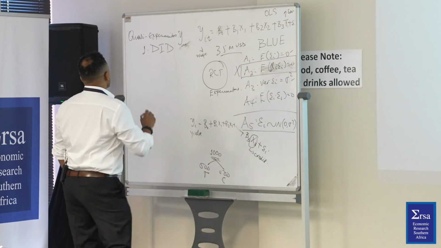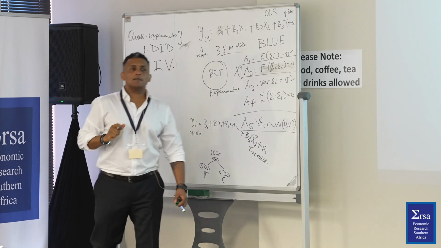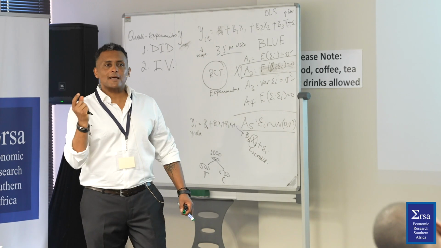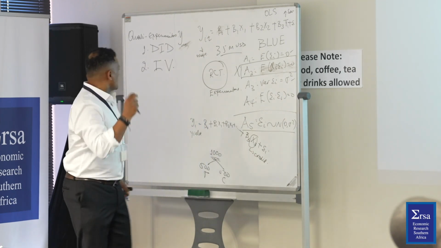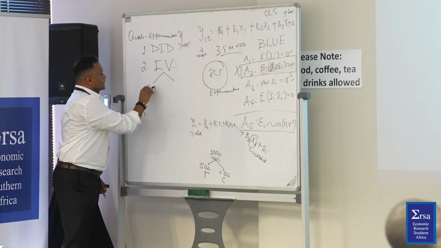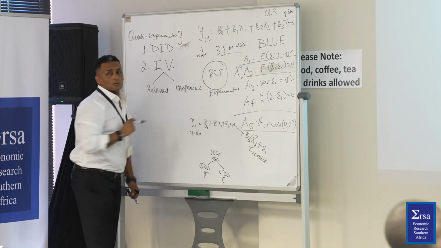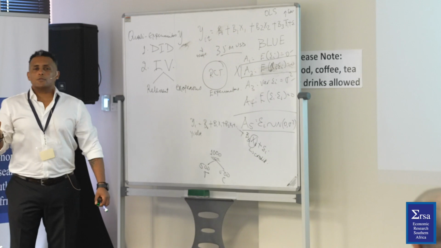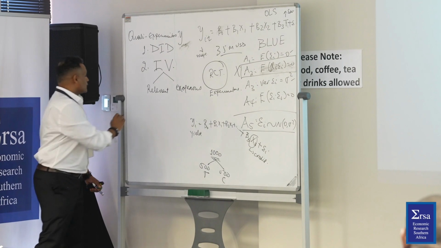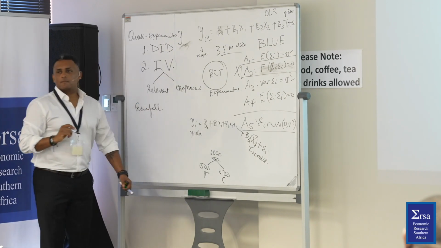This is one. The second is the good old IV, instrumental variables estimation. An IV is a variable that is highly correlated. You remember, an IV has two characteristics: it has to be relevant, and it has to be exogenous. A good IV that has been used in applied research is rainfall in developing countries, in agricultural setups.